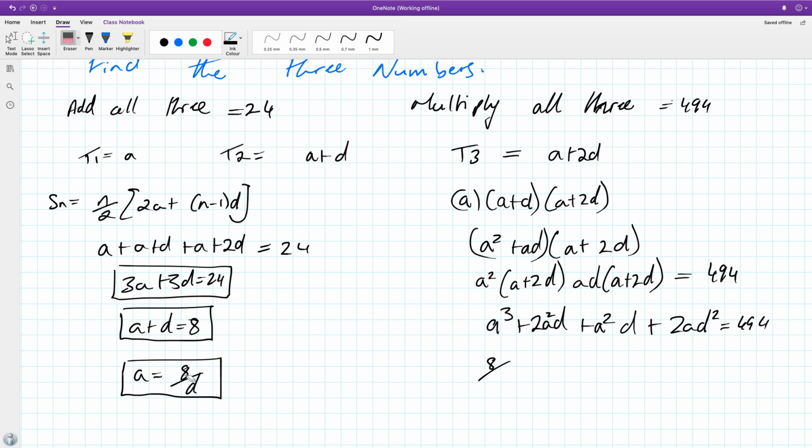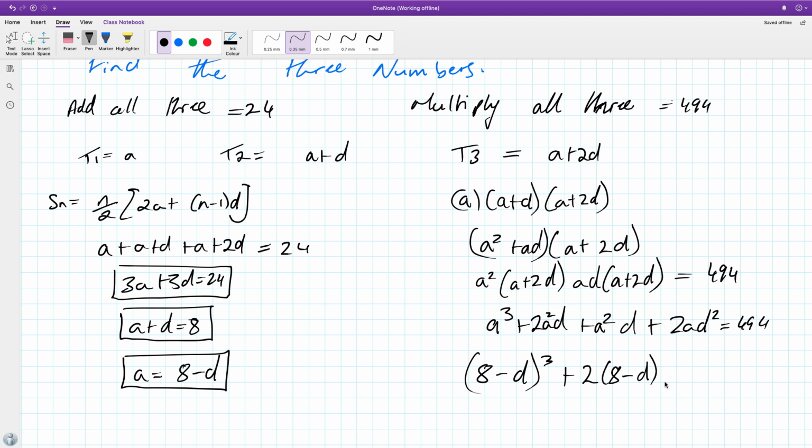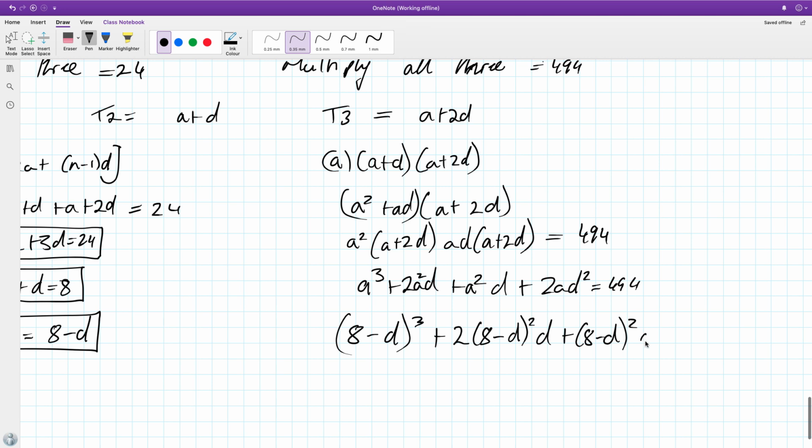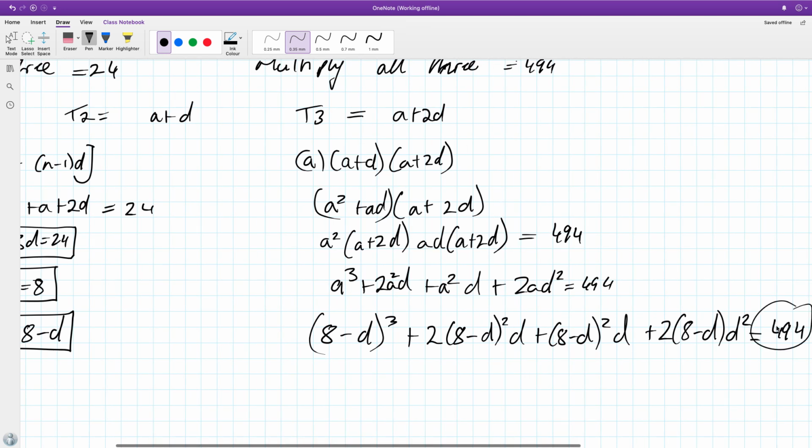8 minus D it is, sorry. A is equal to 8 minus D even. That is 8 minus D cubed plus 2 times 8 minus D squared times D plus 8 minus D squared times D plus 2 times 8 minus D times D squared equals 494.